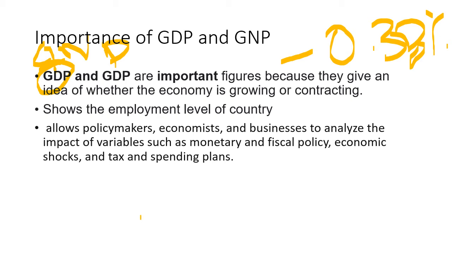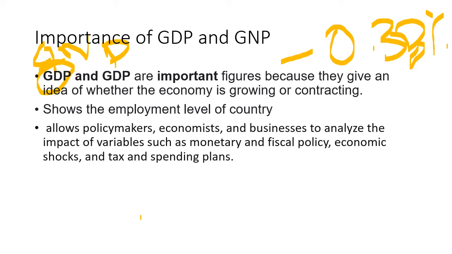Right? The growth in GNP and GDP shows whether the citizens of the country and the production of goods and services within the geographical boundary are increasing or decreasing. By knowing this, you can easily find whether the economy is growing or contracting.